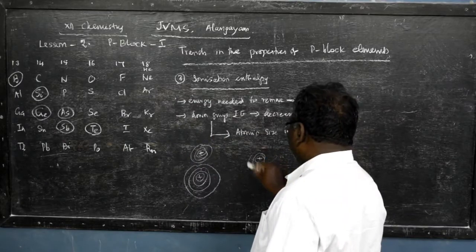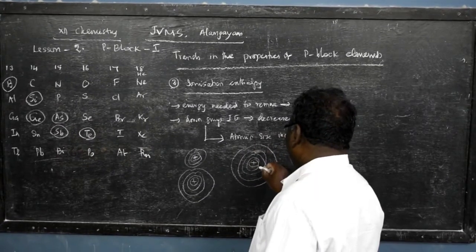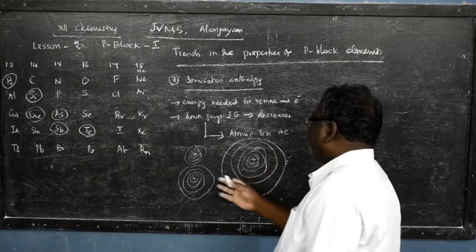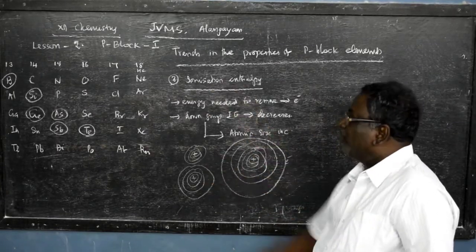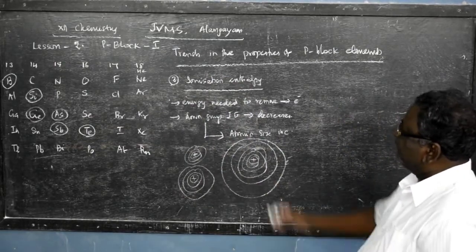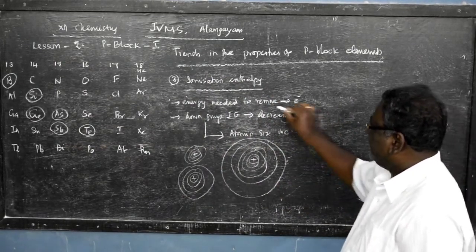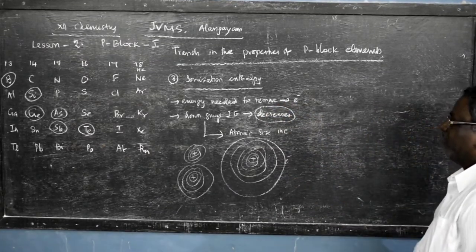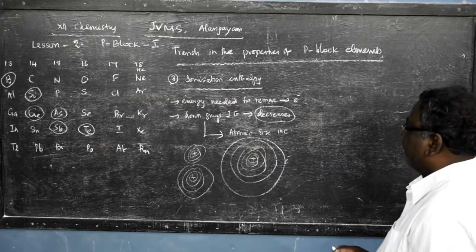As the number of orbits increases, the electron is farther away from the nucleus, so it is easy to remove the electron as you go down the group. Therefore, ionization enthalpy down the group is always found to be decreasing, as it becomes easy to remove the electron.